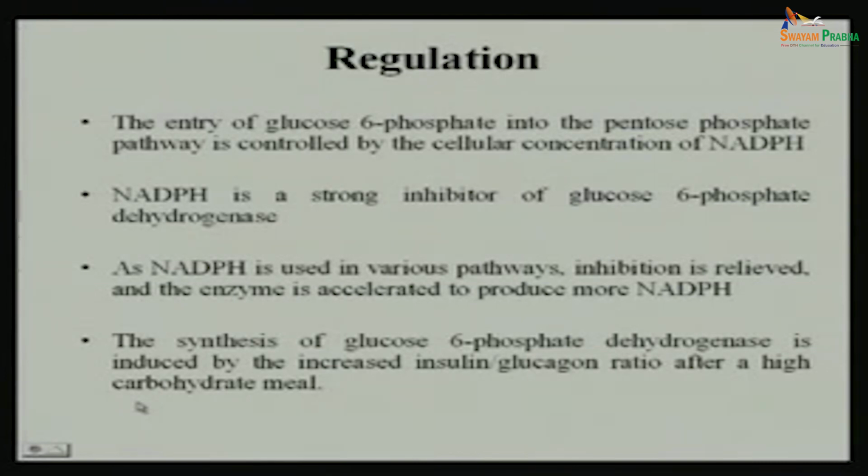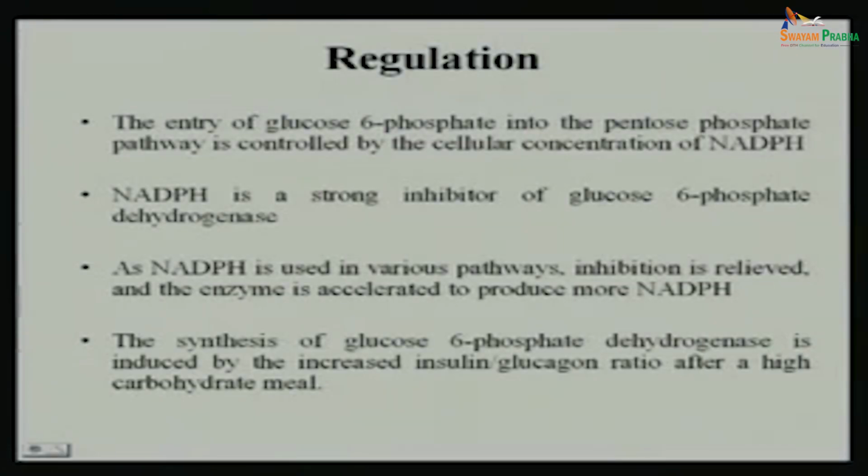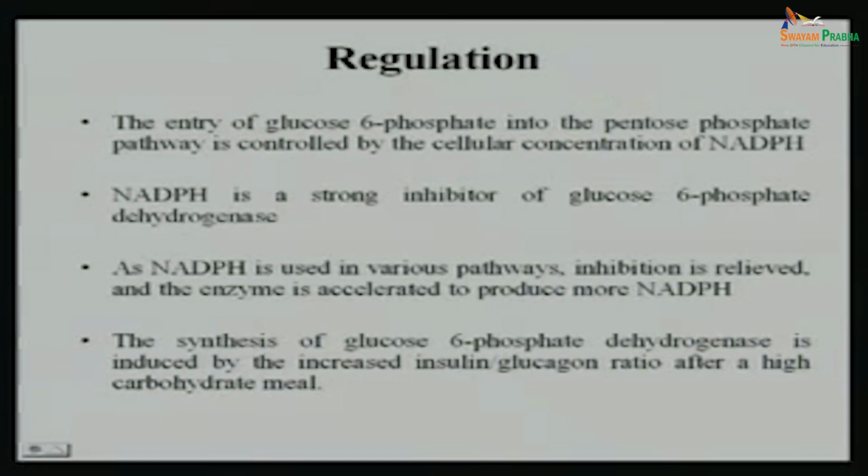So, when high carbohydrate is taken in, this insulin and glucagon, whether the body needs glucose or a high concentration of glucose is there, whether glucose is to be converted to glycogen, these two hormones are balancing this particular thing, and this is the regulation of the PPP pathway.